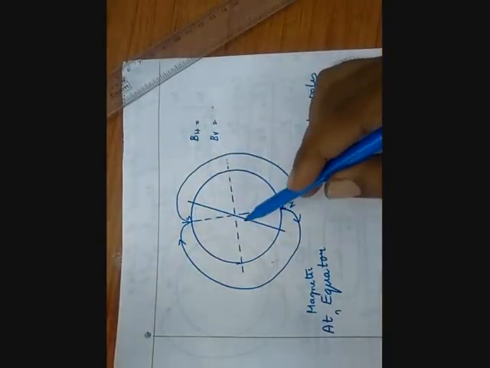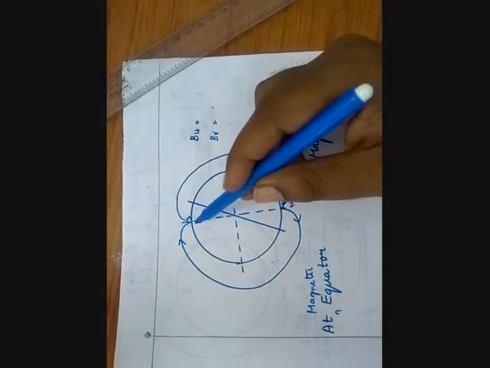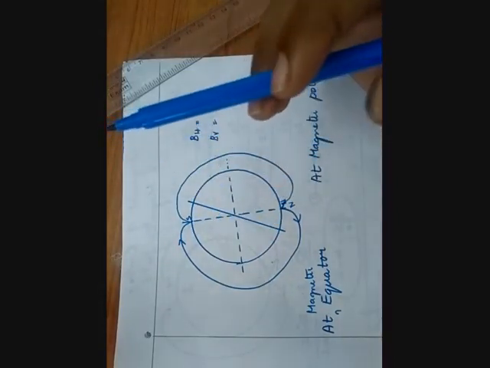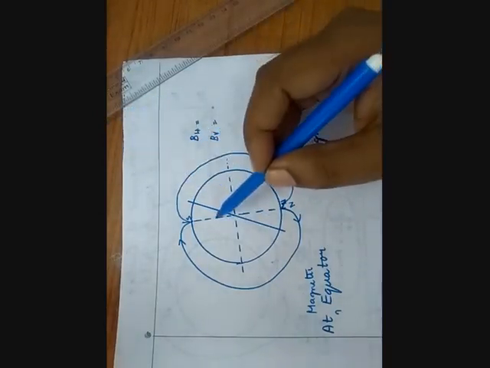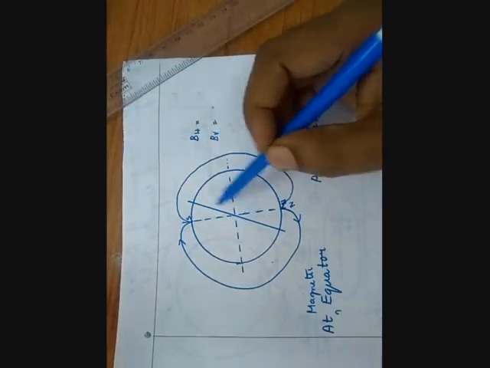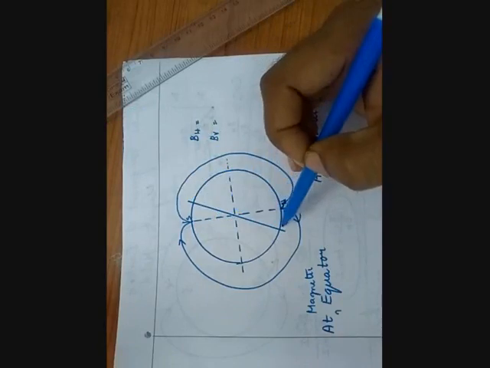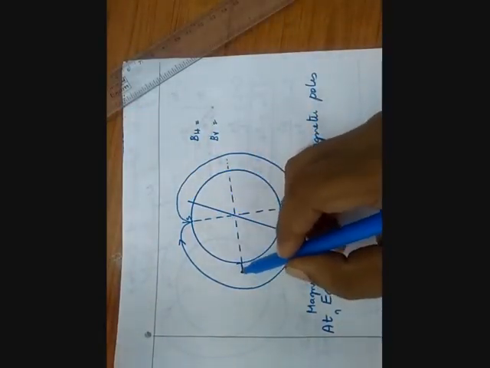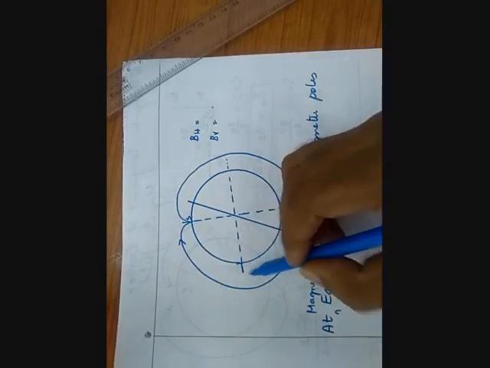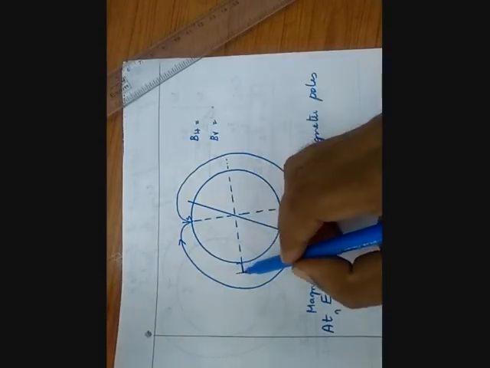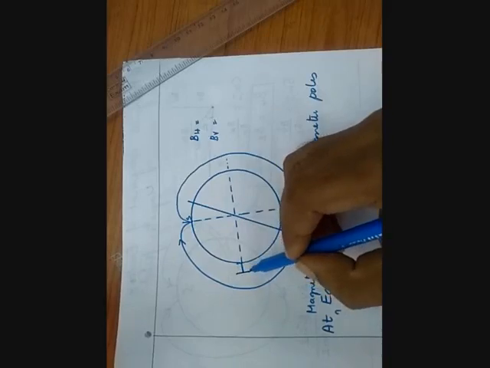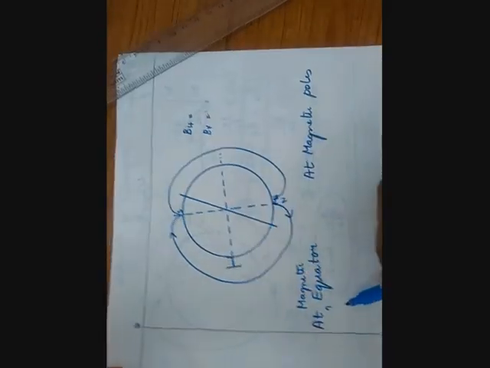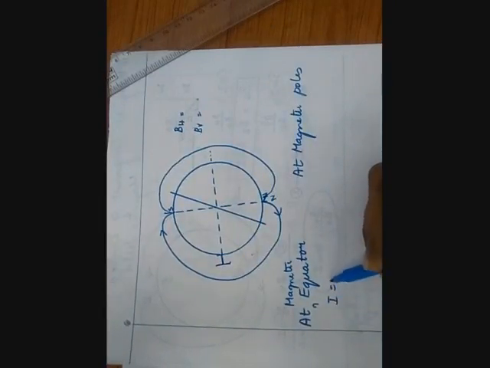If a magnetic needle is placed at the magnetic equator, it is aligned parallel to the magnetic field, so the angle of inclination I is equal to 0.